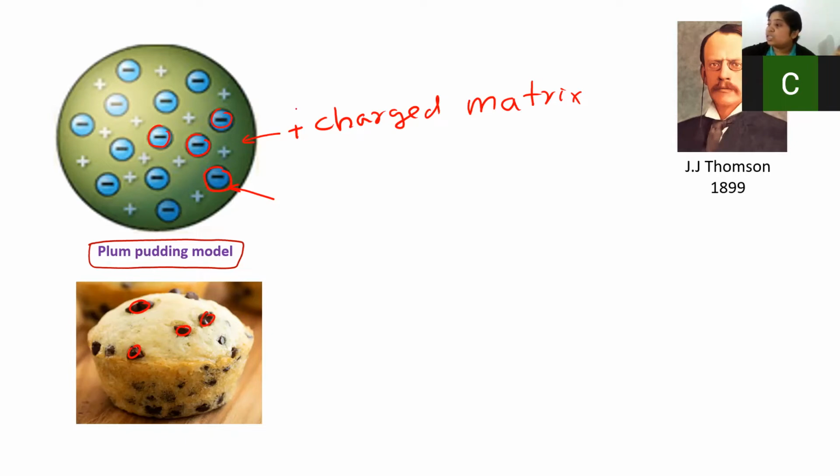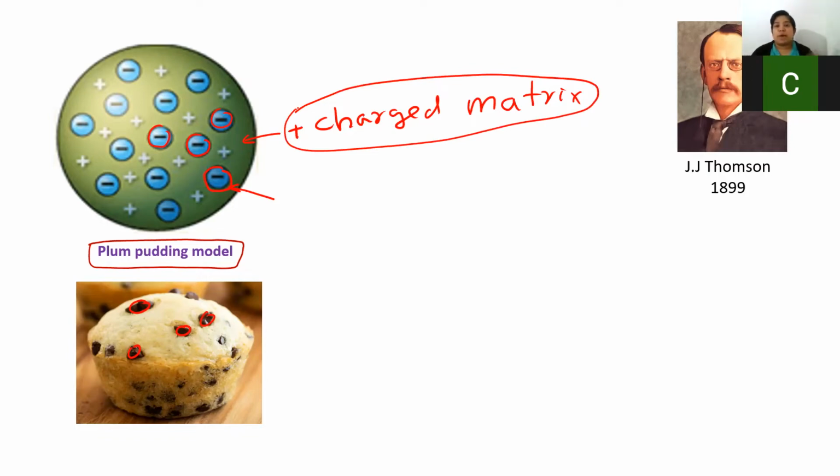Now, why did he bring up this positively charged matrix? Think about matter all around you. Is it electrically charged? Let's say you touch your pen or pencil. Do you get electrocuted?